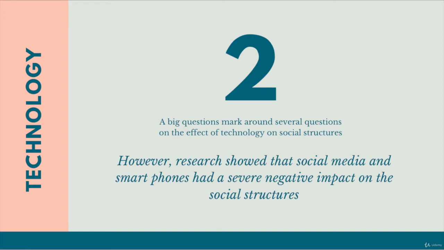So of course, there's a big question mark around several questions on the effect of technology on social structures. However, most of the research showed that social media and smartphones had a severe negative impact on social structures. As we said before, moving society from the external society into your phone is you disrupting the social structure.